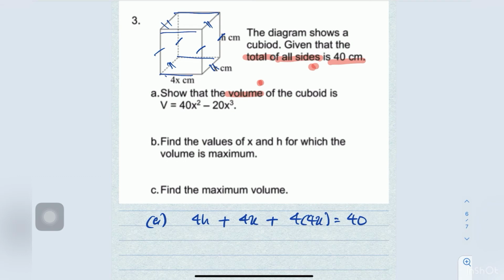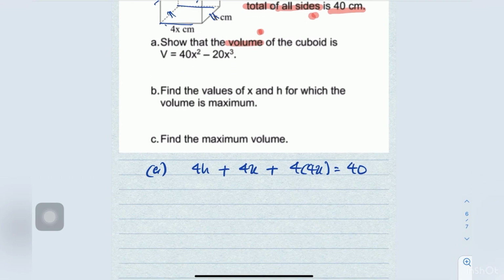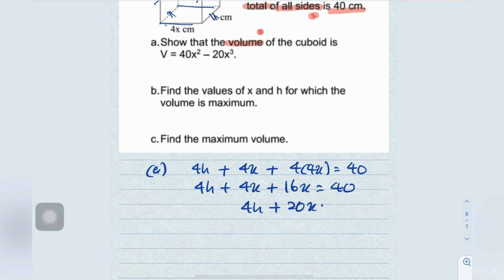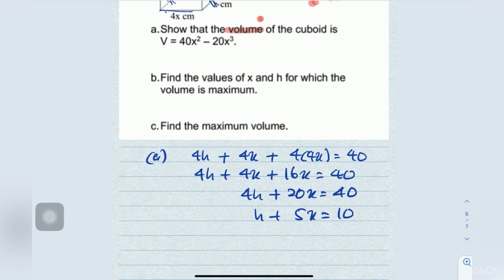Then we simplify, it becomes 4h plus 4x plus 16x equals 40. This one is 4h plus 20x equals 40. Simplify, h plus 5x equals 10. Then straight away you can make h the subject: h equals 10 minus 5x. Equation 1.